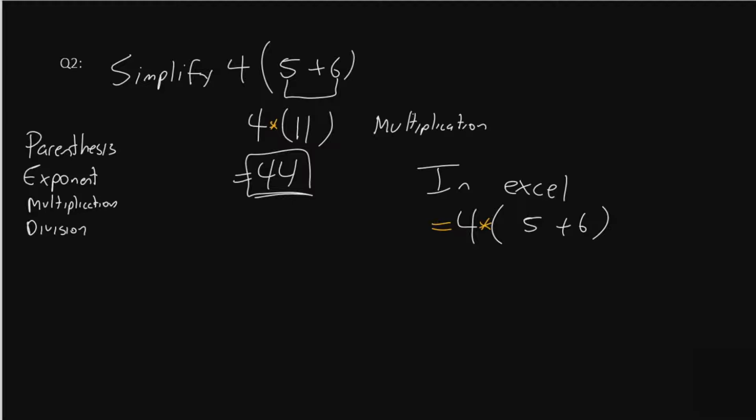Because if you enter 2 parentheses numbers next to each other, like this, Excel is going to have no idea what to do. We have to tell Excel that it's multiplication. So we would enter equals 4, multiply, parentheses 5 plus 6. I'll demonstrate in Excel now.